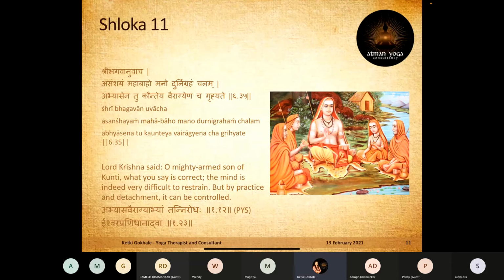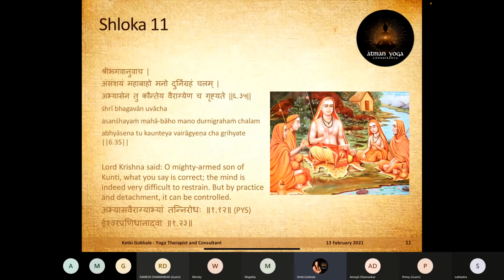Can you not defeat the mind? So he says, O son of Kunti, what you say is correct. The mind is indeed very difficult to restrain. But by practice and detachment, practice is abhyasa, the constant effort, and vairagya, detachment, it can be controlled.